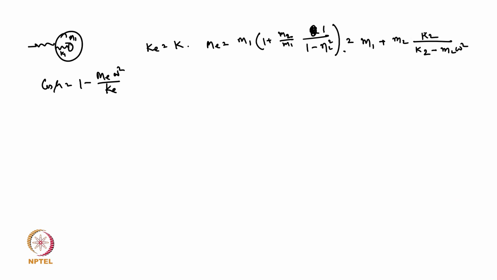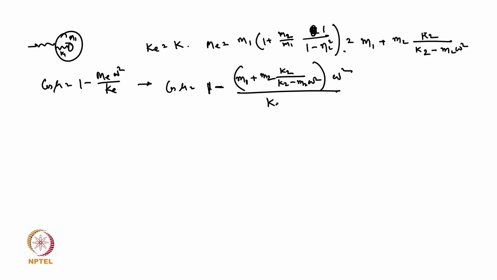So if I try to write that full thing in the form of m by r, how can we get 1 minus m1 plus m2 k2 divided by k2 minus m2 omega square into omega square divided by ke divided by k. Okay, so that will come. So what can I write?